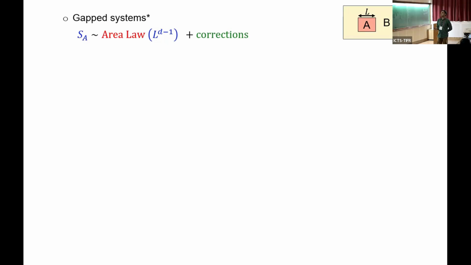For example, the standard result is that if you have a gapped system, in any dimension, you get this area law. The leading entanglement entropy, where L is the size of the subsystem, goes like L to the power d minus 1, and then there are some corrections.